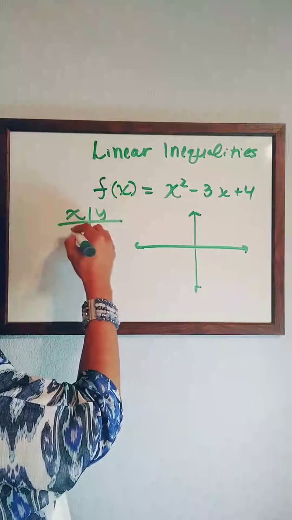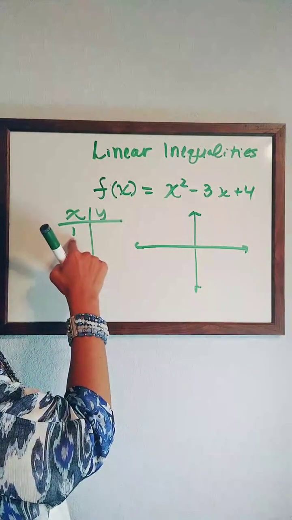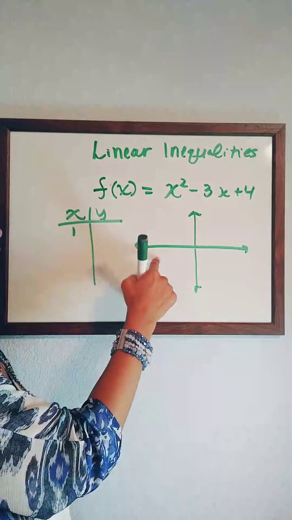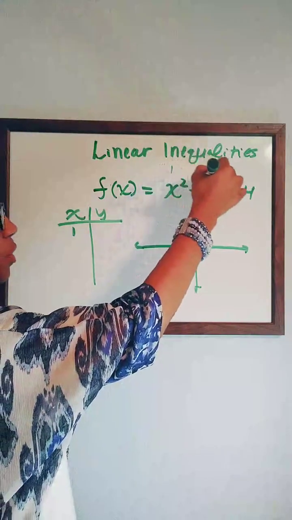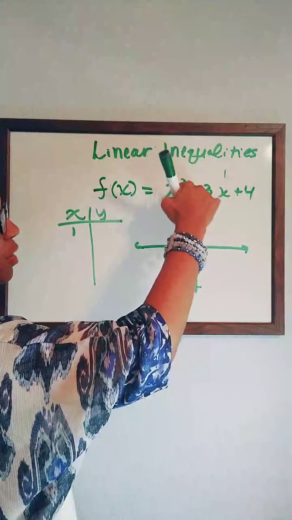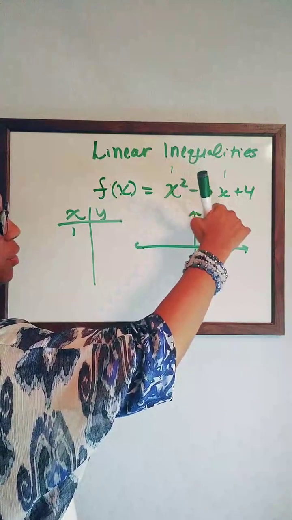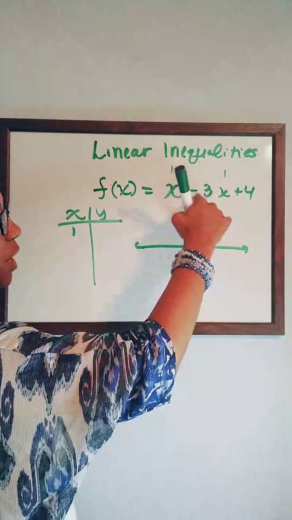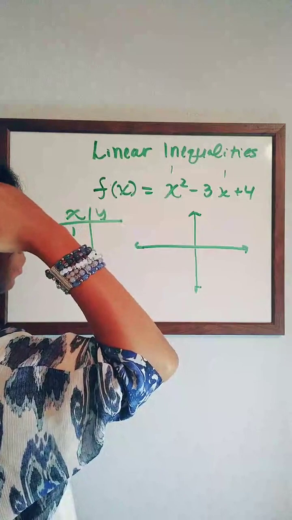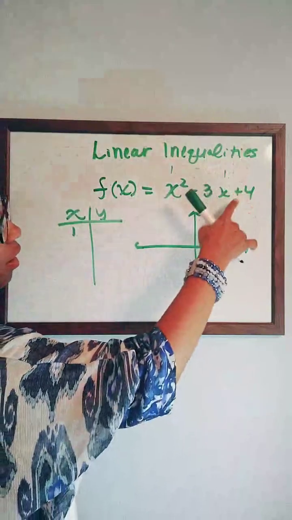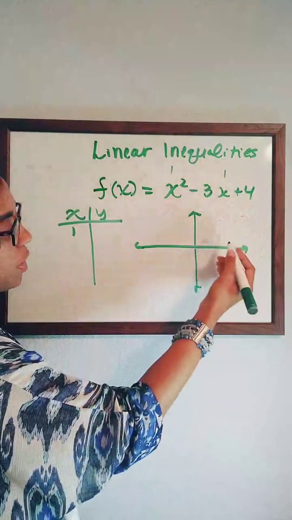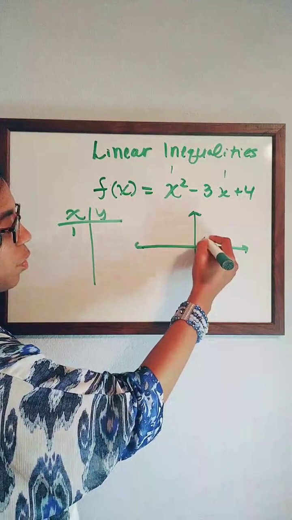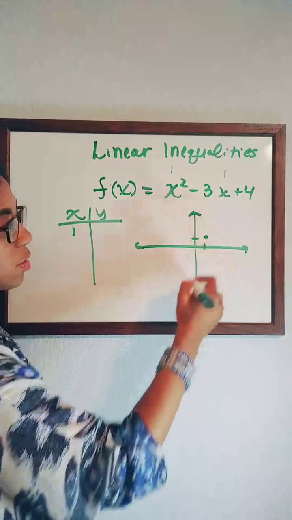What you're going to do is, when x is 1, what is y going to be? So I would literally just put a 1 right here and a 1 right here. So I have 1 squared minus 3 plus 4. So 1 minus 3 is negative 2. Negative 2 plus 4 would be 2. So when x is 1, y is 2.